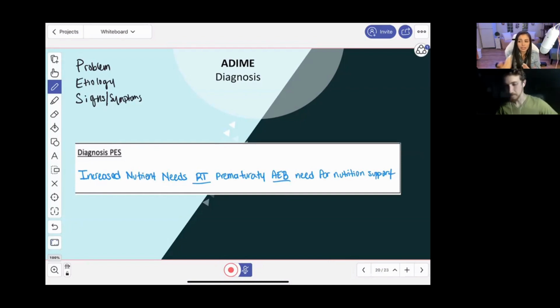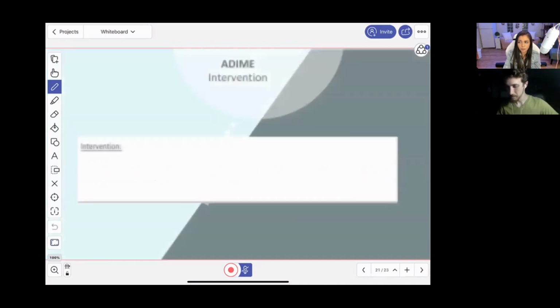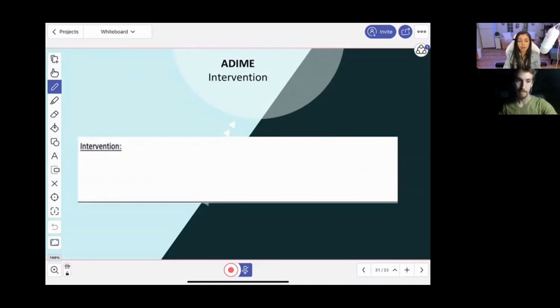And then as we move on, our next portion is going to be probably the most important part. Everything's important, but this is going to be really the nitty-gritty of how we're going to fix it. So we've identified the issue, we've done the assessment, we've identified our nutrition diagnosis, and now we're going to make our intervention. So we basically made our formula.